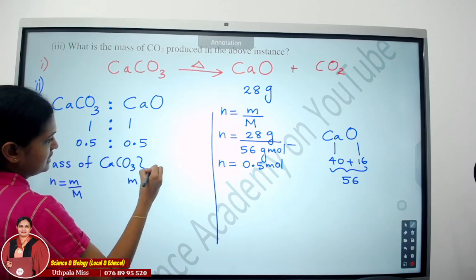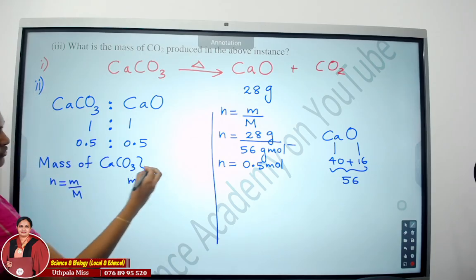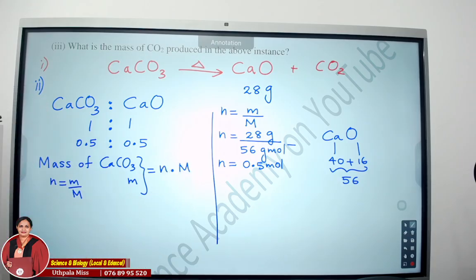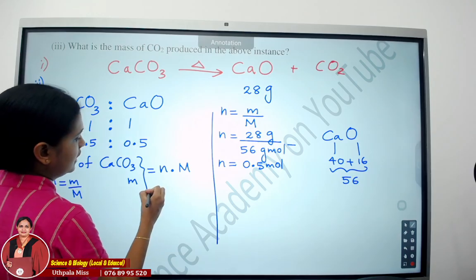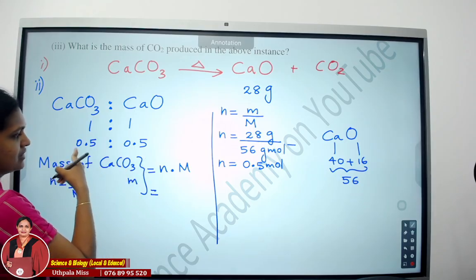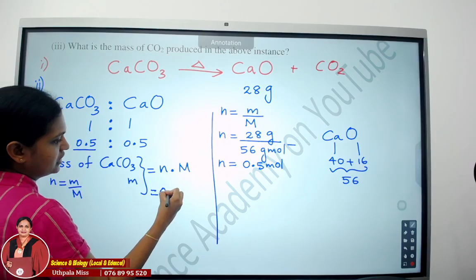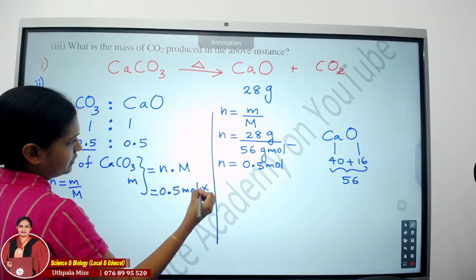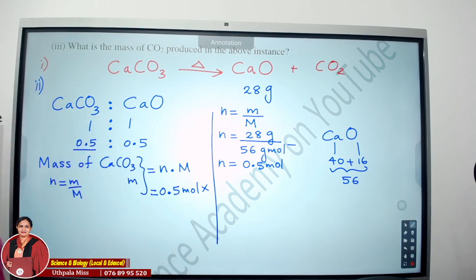Mass equals number of moles multiplied by the molar mass. Number of moles කීයද? 0.5. මේ 0.5 කියලා හොයාගත්තනේ molar ratio එකෙන්. 0.5 moles multiplied by the molar mass of calcium carbonate. Calcium carbonate කියන්නේ calcium is 40.